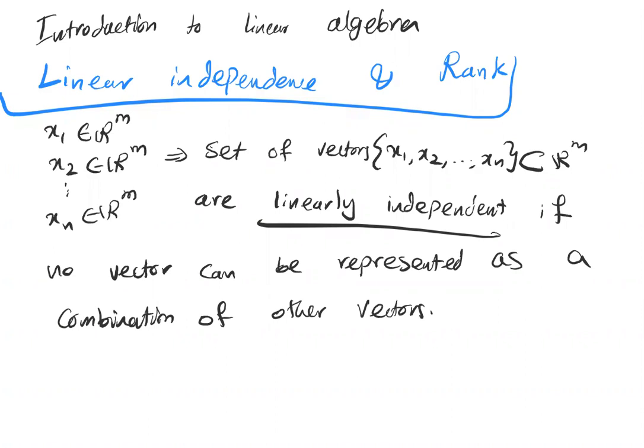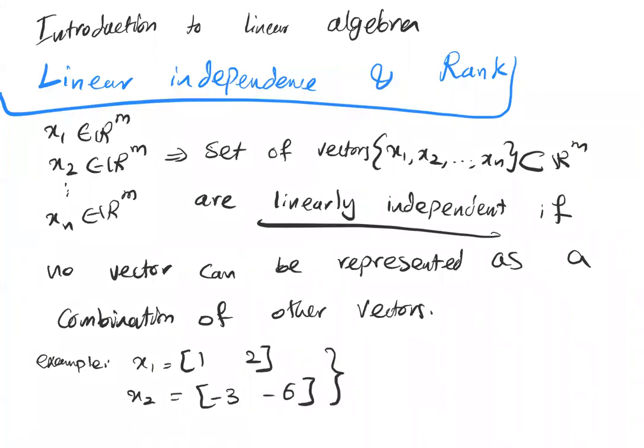In order to show an example of a few vectors that are linearly dependent, I'm going to provide an example. For example, let's say vector x1 is (1, 2) and vector x2 is (-3, -6).